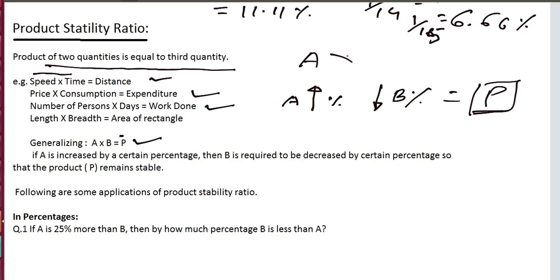If we have A into B equal to P and we don't want to change the result of the product, then if we increase A, we have to decrease B in a certain proportion to keep P constant. That is called product stability.